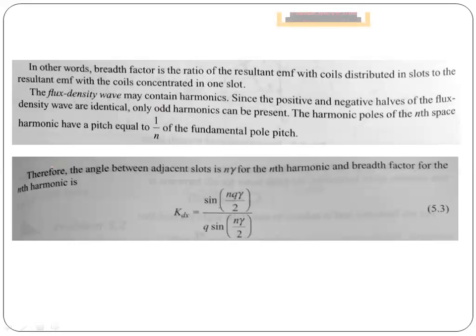Therefore, the angle between the adjacent coils is n gamma for the nth harmonic, and the breadth factor for the nth harmonic is Kdn equals sine n Q gamma by 2 divided by Q sine n gamma by 2.